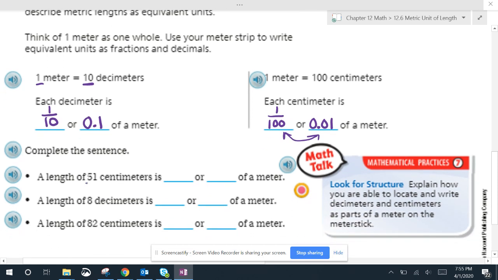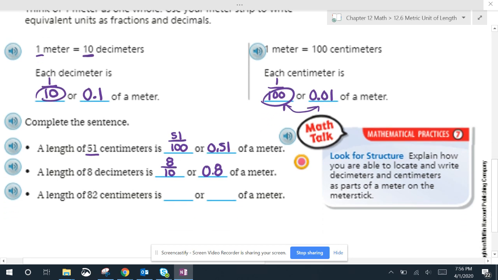A length of 51 centimeters is 51 hundredths of a meter. The length of 8 decimeters is 8 tenths of a meter. Because remember, our decimeters are 1/10 and our centimeters are 1/100.